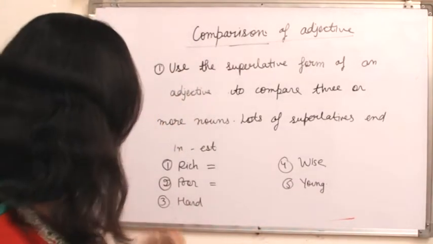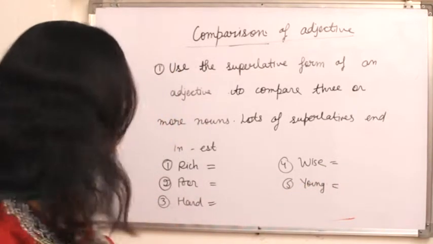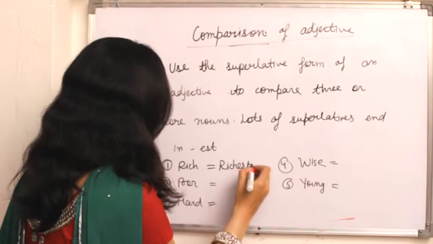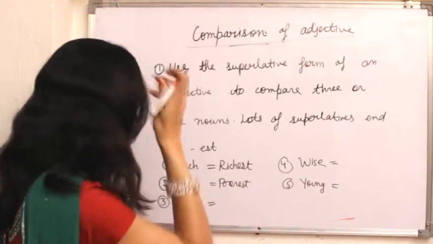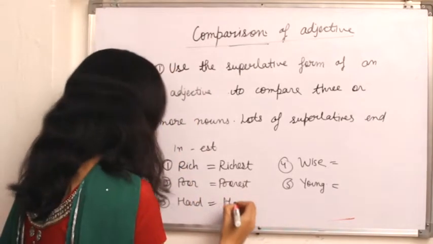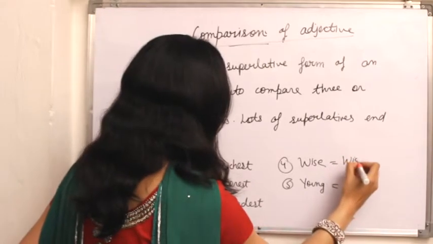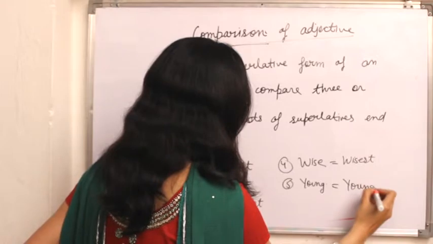So what is the exact answer which I write here? I write richest. Okay, now poorest. So here I write hardest and wisest and youngest.